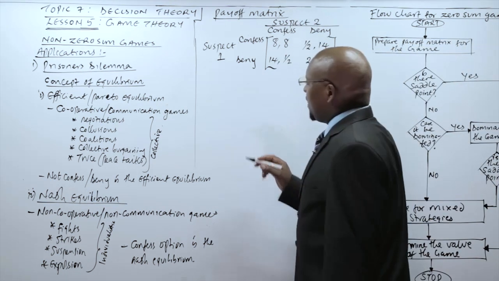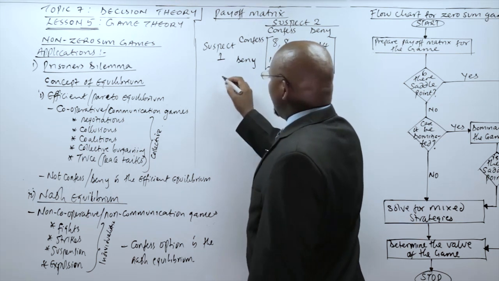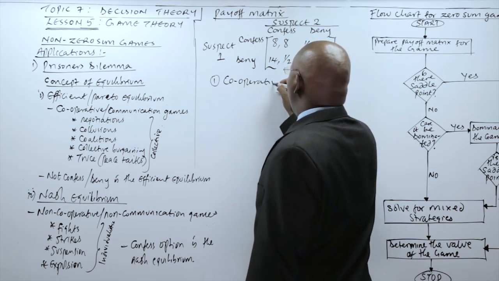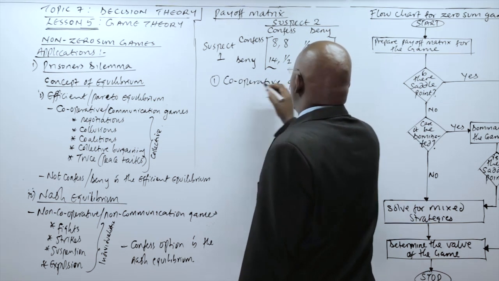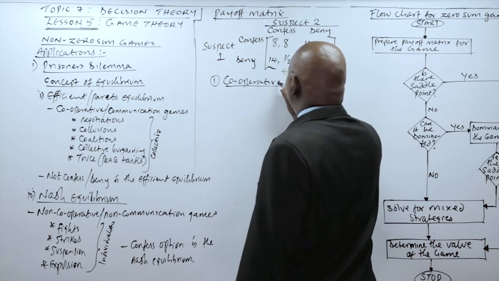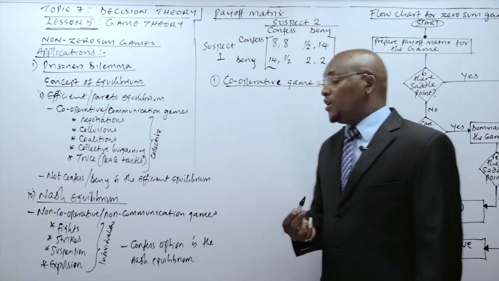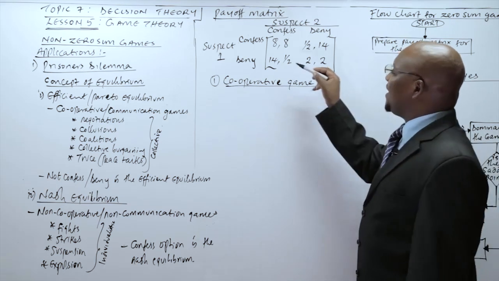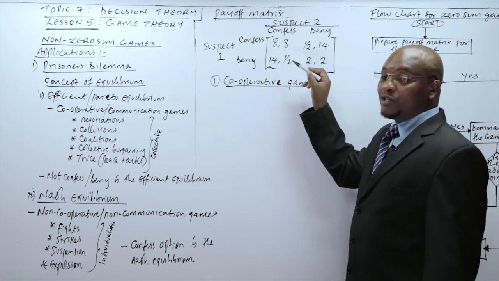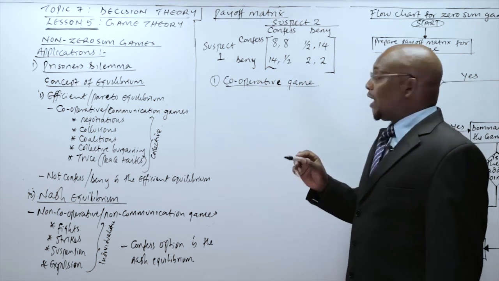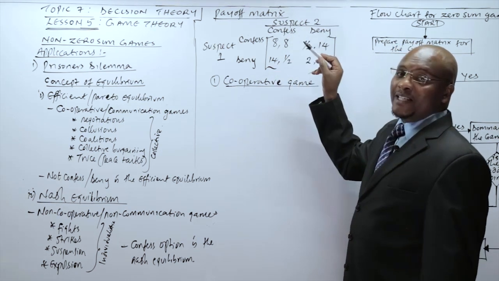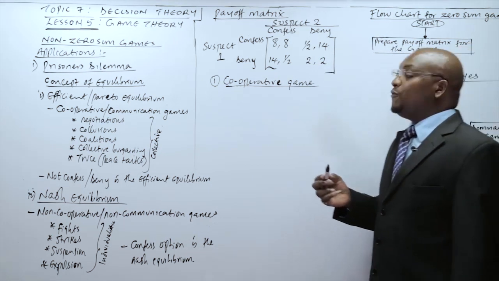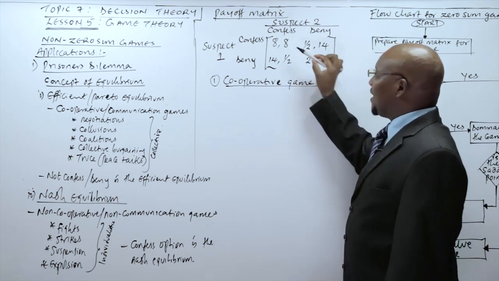Now, the solution to this one is we are going to assume that in case it is a cooperative game, if the two suspects are going to agree, they'll have the whole time to discuss. So they can agree not where one is denying and the other one is confessing. This is not possible. It's not fair. So they can only agree either they both confess to get equal jail term or they both deny to get equal jail term. But denying is a lesser jail term than confessing.